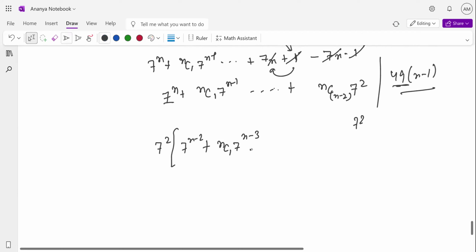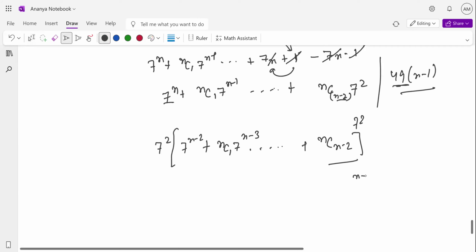Okay. So if I just move further, at the end of the day I'll be having n C this, and this 2 is removed. Right. So to satisfy this condition, whatever I have taken, my n should be greater than 2. This is one thing I know, right?